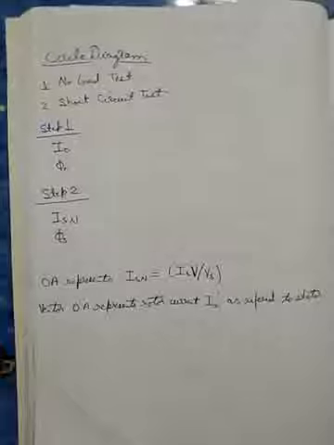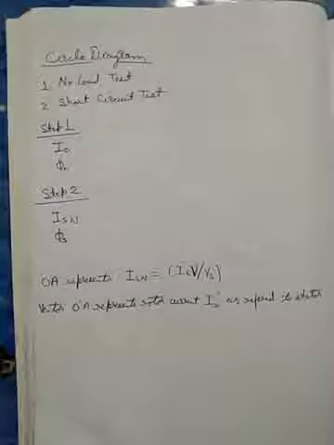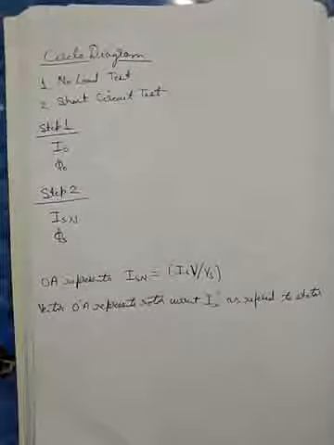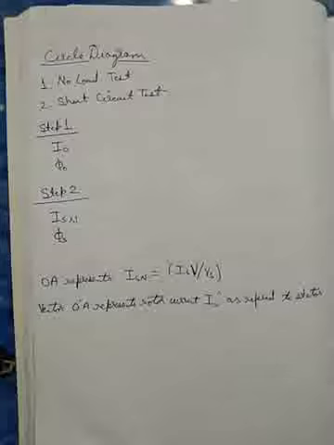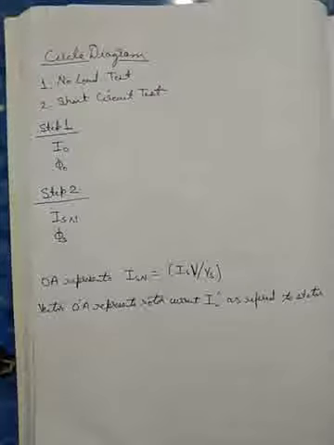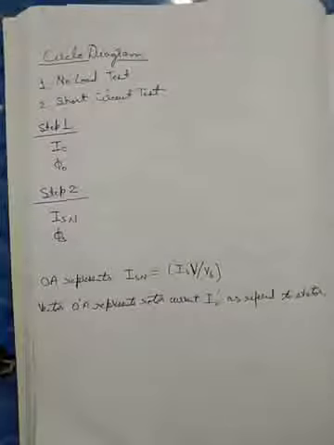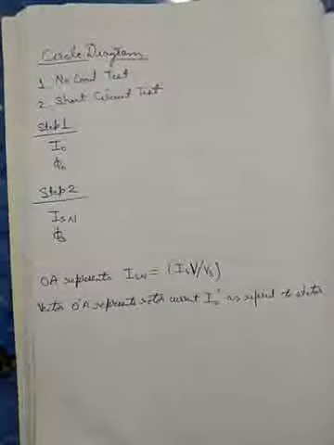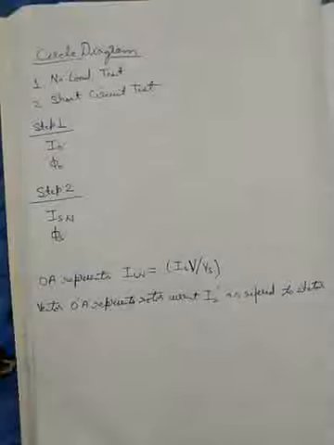The construction of the circle diagram is based on the approximate equivalent circuit. It is a diagrammatic representation of the performance of the induction motor. The circle diagram provides information about the power output, losses, and the efficiency of the induction motor.